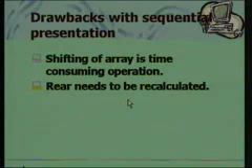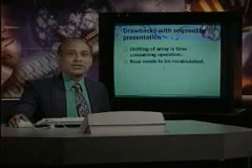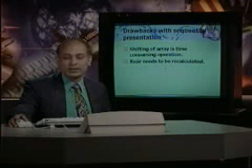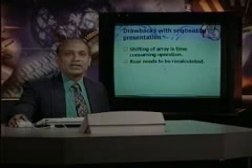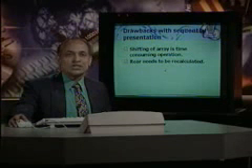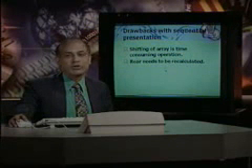The second disadvantage is that each time you shift your queue, rear has to be recalculated, to point to the locations accordingly. So this calculation of shifting and recalculation is time consuming. So a queue structure of this type will not be very efficient.